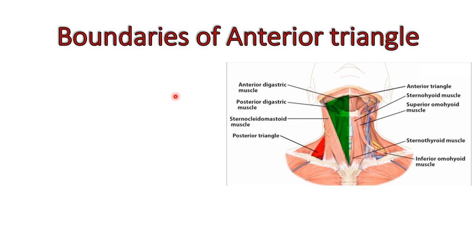In my last class on the posterior triangle, I mentioned that the anterior triangle is present anterior to the sternocleidomastoid. Behind it is the posterior triangle, and in front of the sternocleidomastoid is the large anterior triangle.